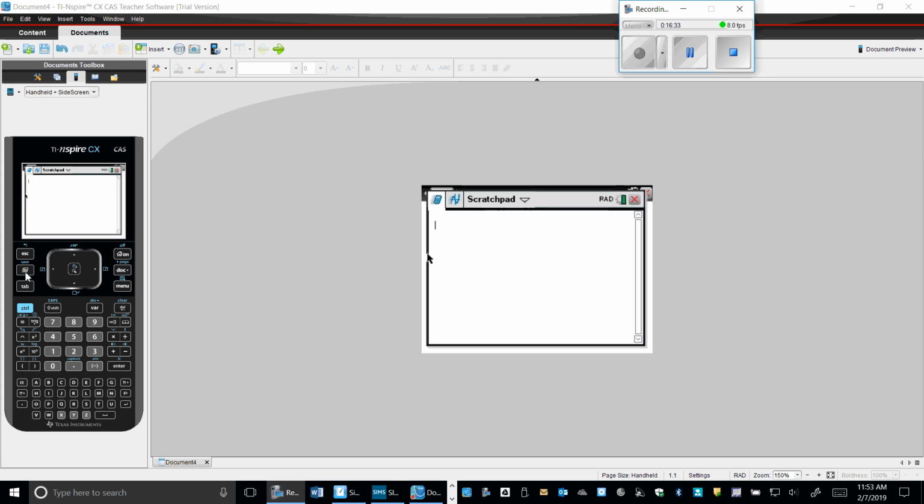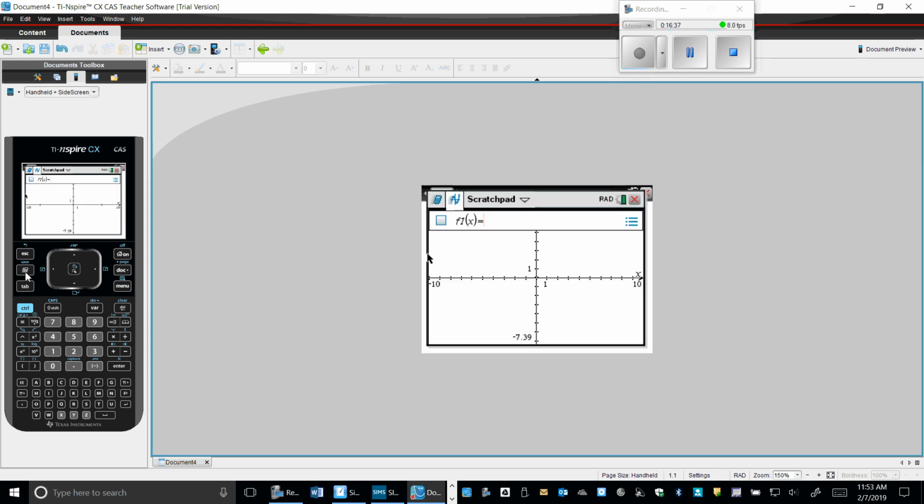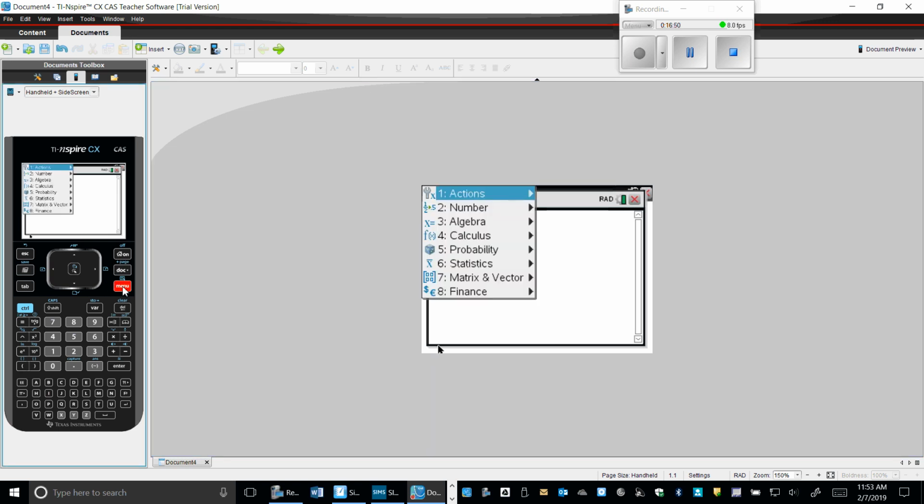If you're not, you can try this button here with the little picture of a calculator, and that goes between the graph and the calc. You need it at the top where it's got the little calculator. Then when you press menu, you get these options. Now, which do you think is the option we're looking for?